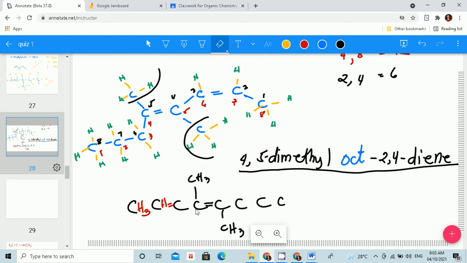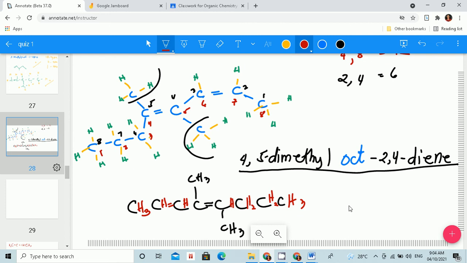Then here we have another H, only one H because there is already a double bond. This C has no H anymore because it's already occupied. Then we have one H here, then H2, H2, then H3. So this is our condensed structure.